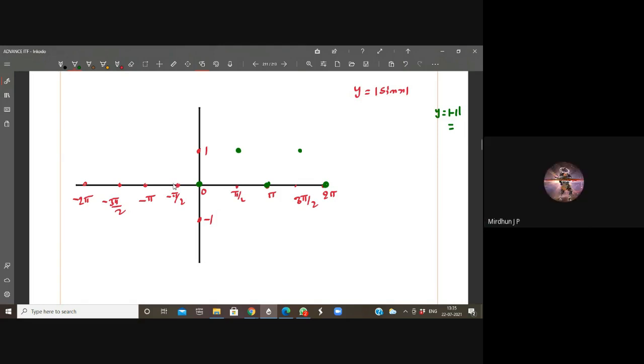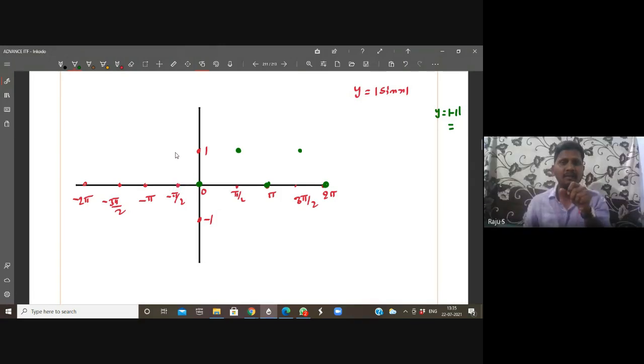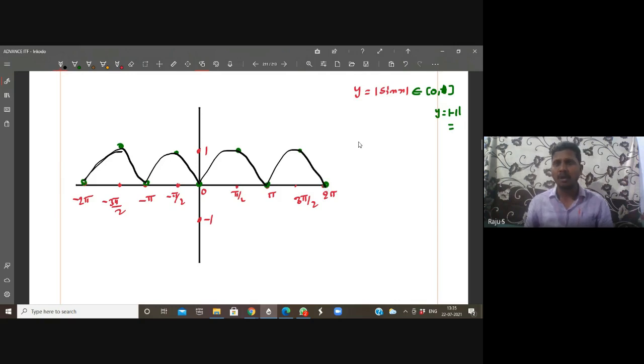Minus 1, modulus minus 1, again 1. So the output should not be negative. It is always positive. Modulus sin x, the value belongs to 0 to 1. When I plot the points and join all of them by a smooth curve, we are going to get the graph like this. This is the graph of modulus sin x.